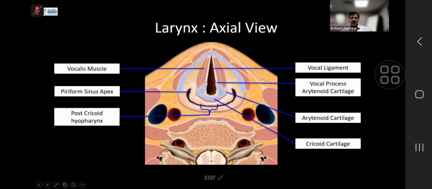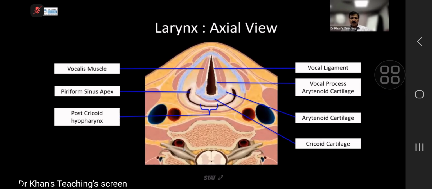And this is the only slice. If you see here where you can see two cartilages, this is the cricoid cartilage, anteriorly, this is the arytenoid cartilage. When you see two cartilages together, you should know that you are at the true chord level. So this is the key tip to remember.